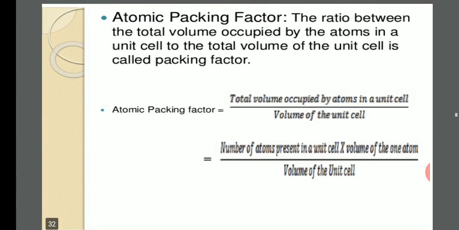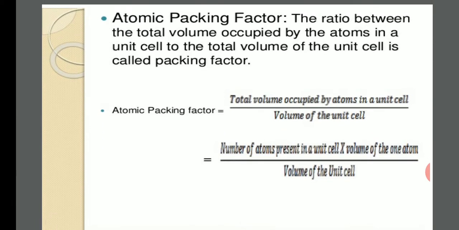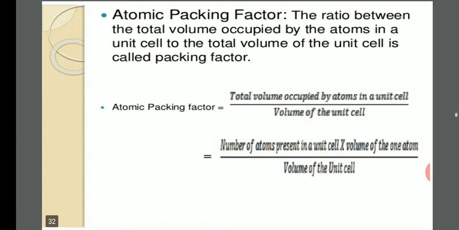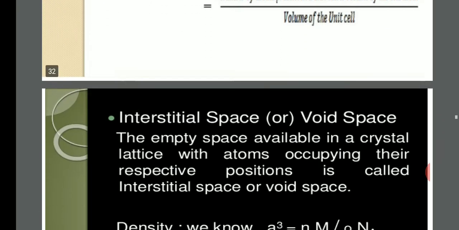Atomic packing factor is basically the ratio between the total volume occupied by atoms in a unit cell divided by the volume of the unit cell, or the number of atoms present in a unit cell multiplied by the volume of one atom divided by the volume of the unit cell.